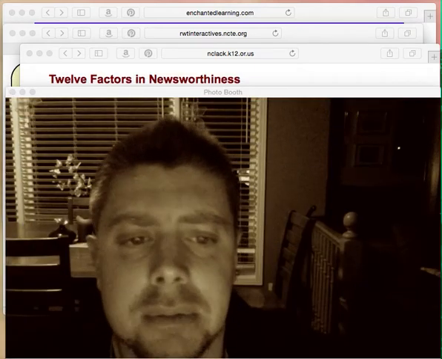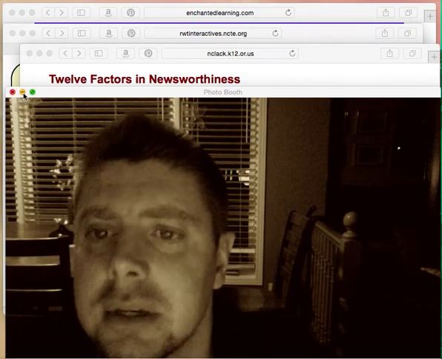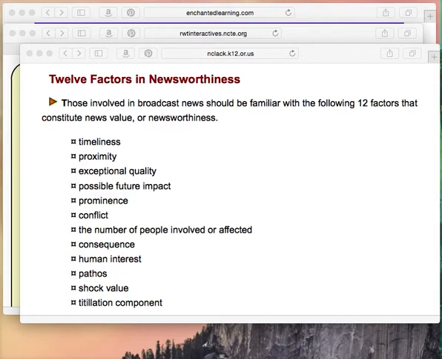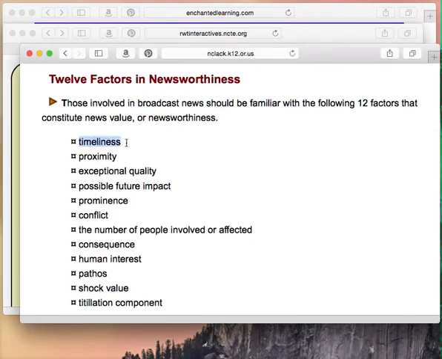Okay, so if I were doing this task, the first thing that I would do is remind myself that there are some factors in newsworthiness, namely timeliness. This means that things that happen recently are more newsworthy. Proximity: this means that things that happen close by are typically more newsworthy.